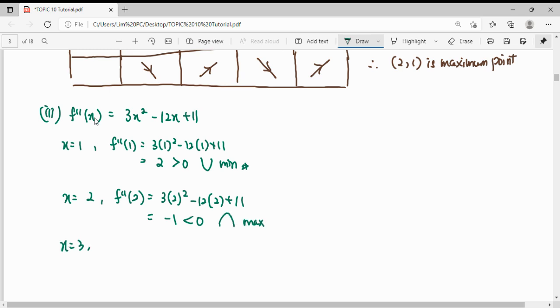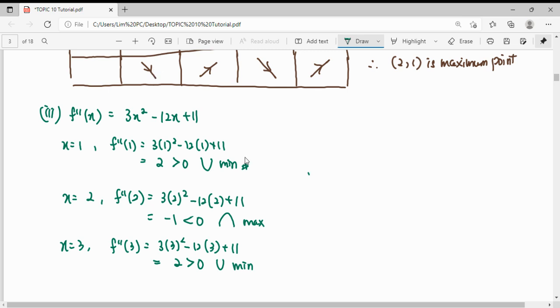And our critical value number 3. So it is a positive result. So positive result, concave upward, minimum point.